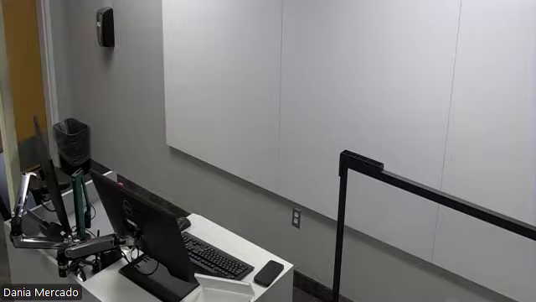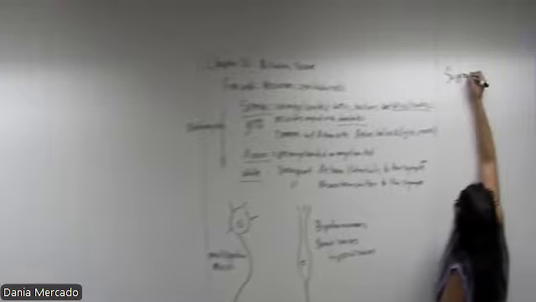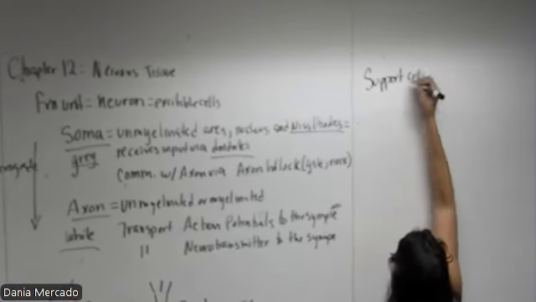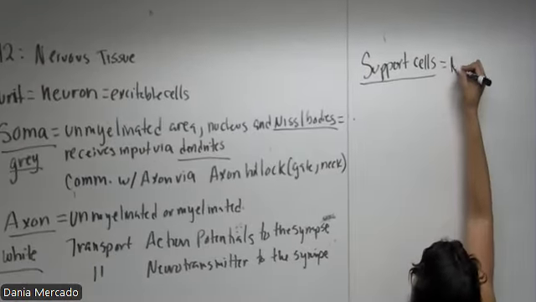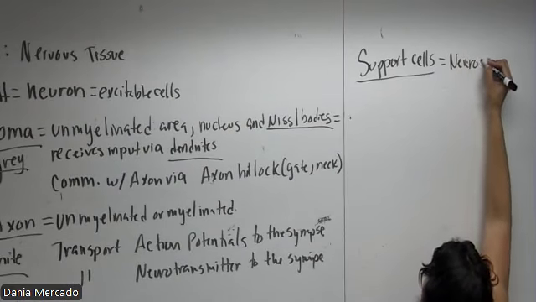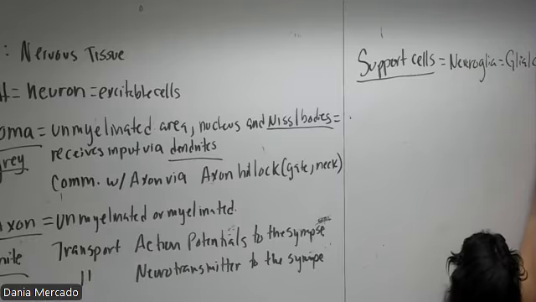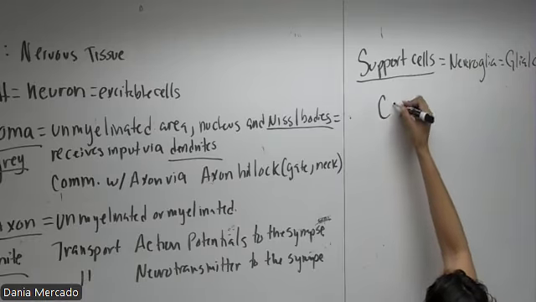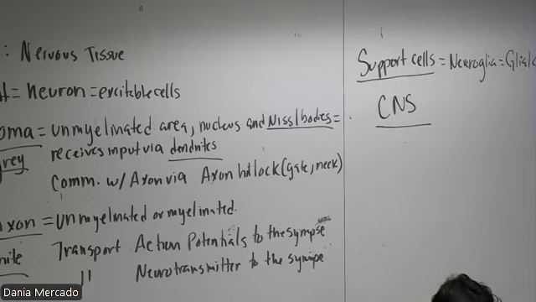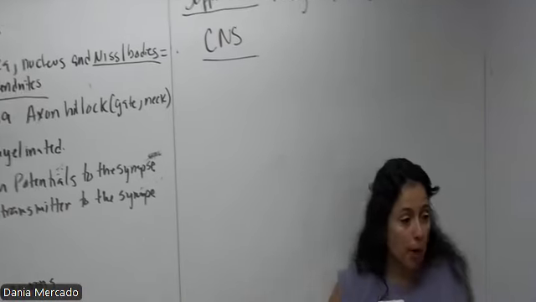Let's move on to the support cells, right? What were the support cells generally called? Neuroglia, right? Or glial cells. We have different support cells in the central nervous system than the peripheral nervous system, right?